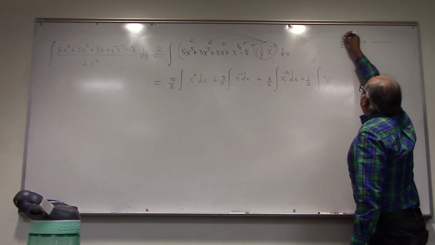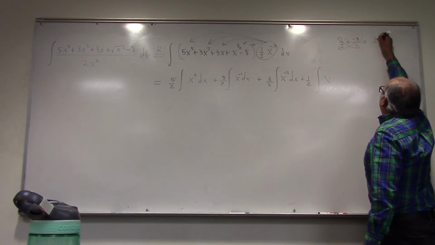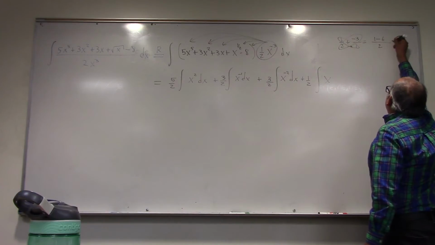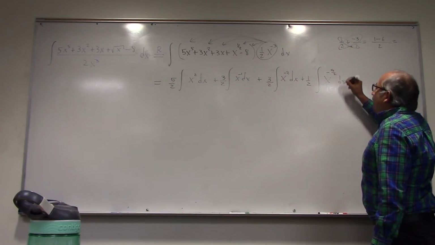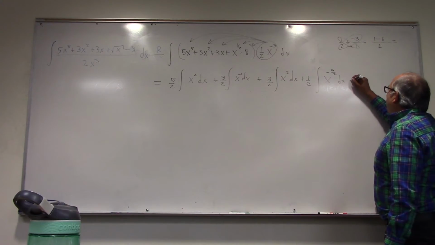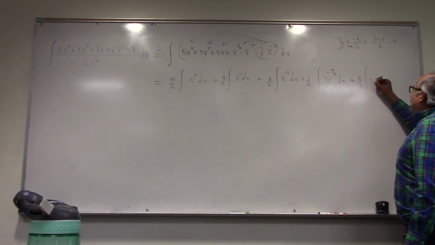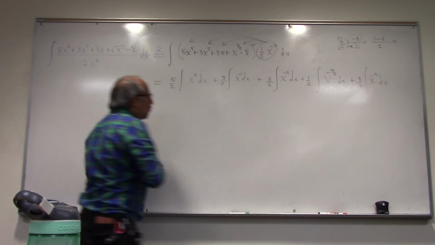You do 1 minus 6, divided by 2, which is negative 5/2. Plus, finally, 8 over 2. I know that's a 4, but just x to the minus 3 dx. Do you think you can take it from here, guys, or you want me to finish it up?